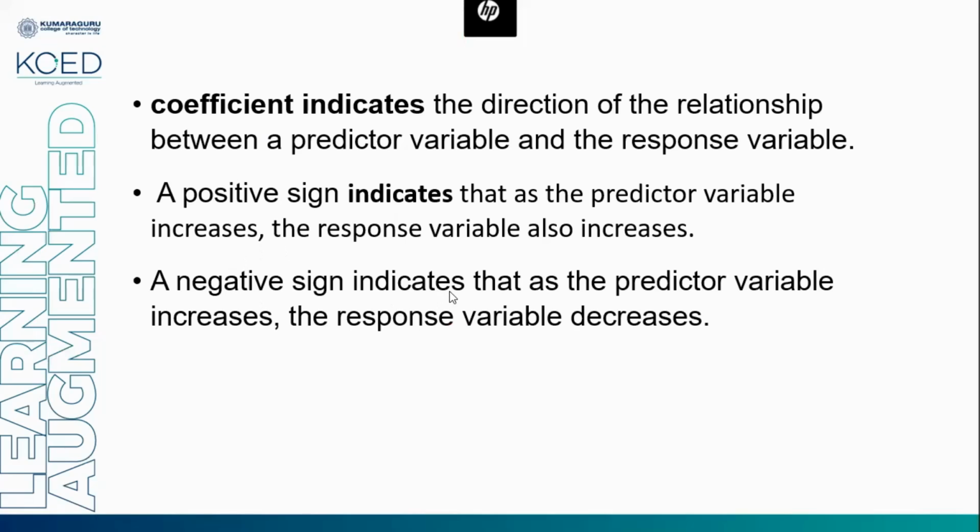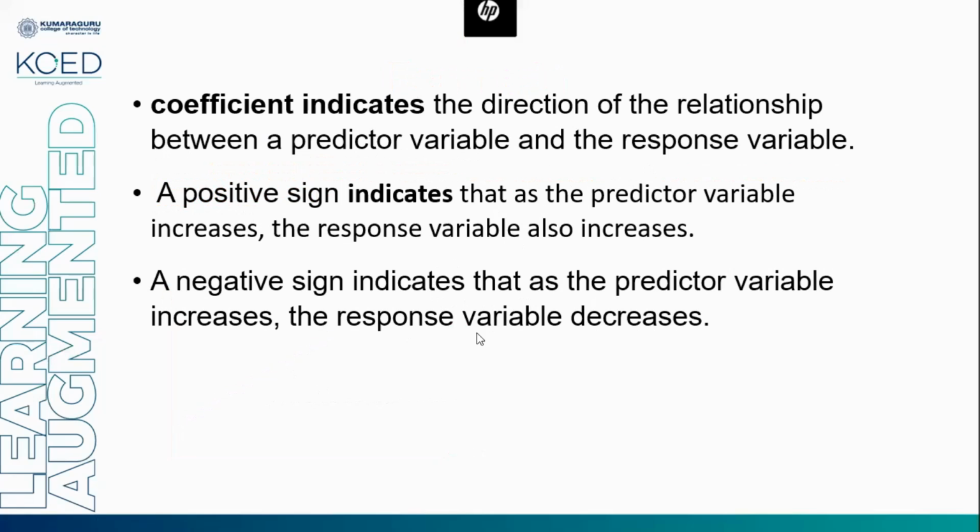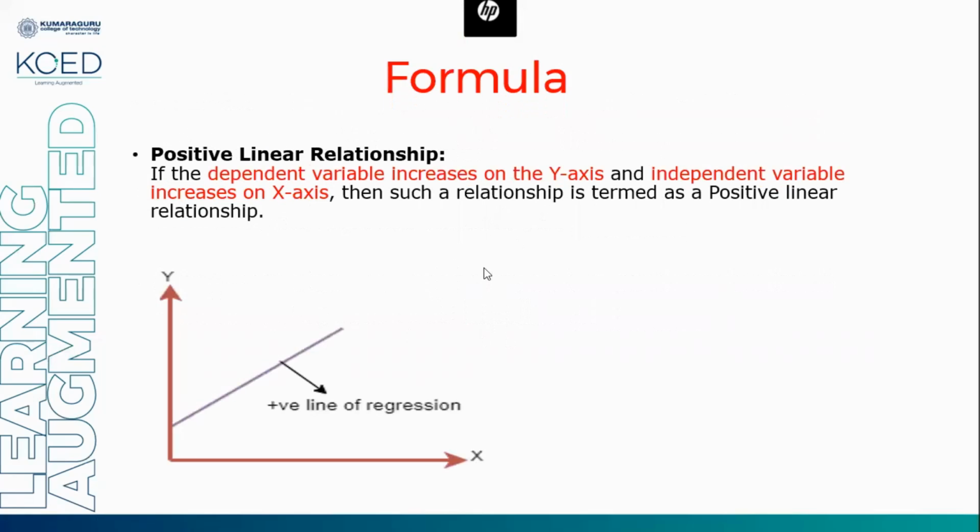A negative sign indicates that as the predictor variable x increases, the response variable y decreases. The first gives a positive slope, the second gives a negative slope. We'll see it in the diagram.